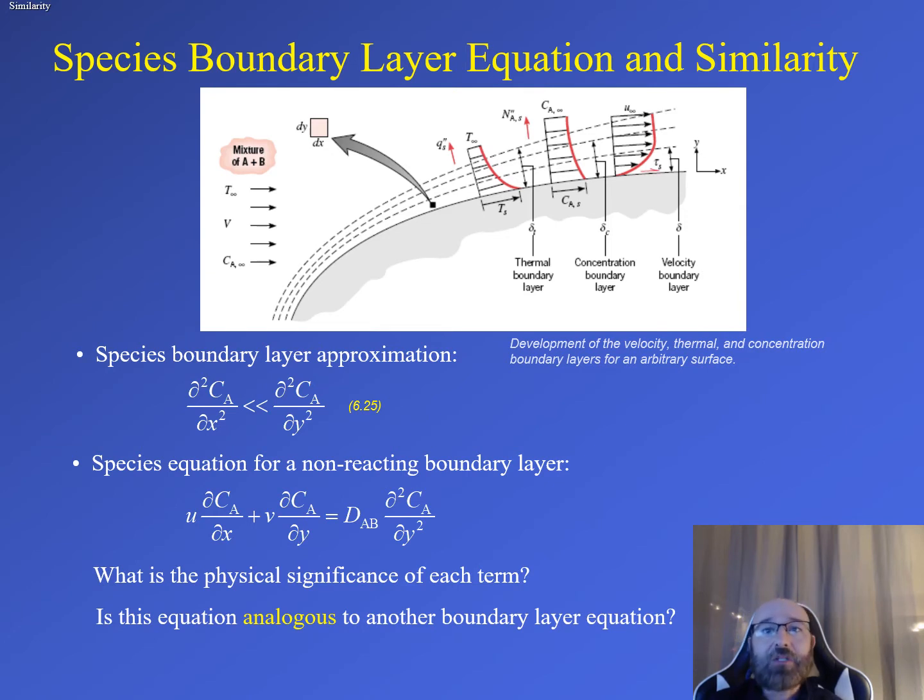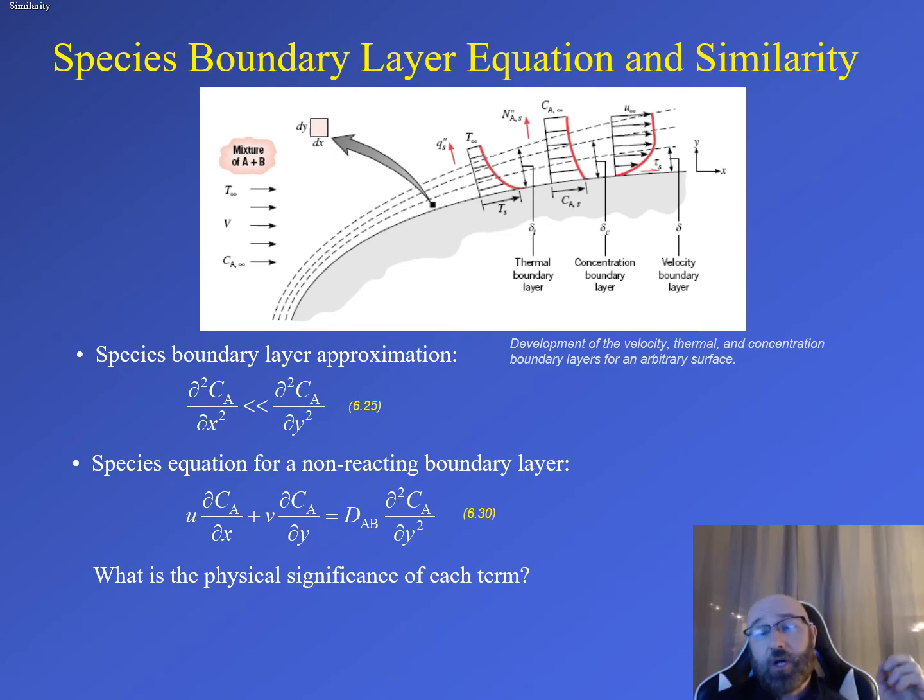Therefore, the gradients normal to the object's surface are much larger than those acting along the surface. As a result, we can neglect the terms that represent the x direction diffusion of momentum, thermal energy, and chemical species relative to the y direction counterparts.